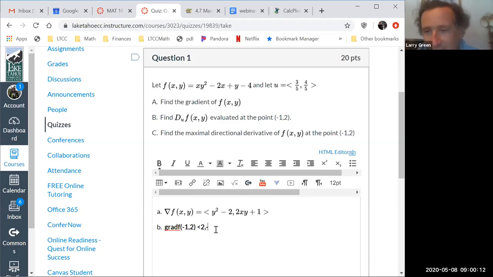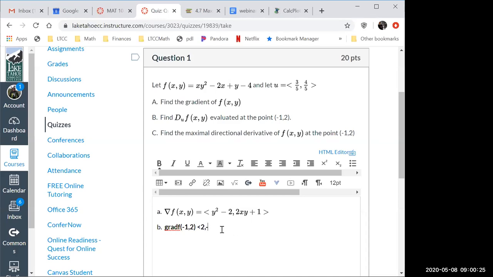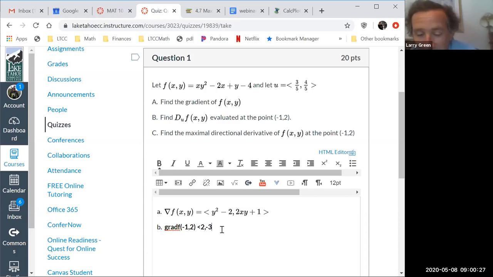This isn't supposed to be hard, it's just arithmetic. So what's 2 times -1 times 2 plus 1? -3. Yeah, -3. Again, that's not a trick question there. Okay, so there's our gradient. I guess I should put an equal sign. Any questions on the gradient at the point -1, 2?